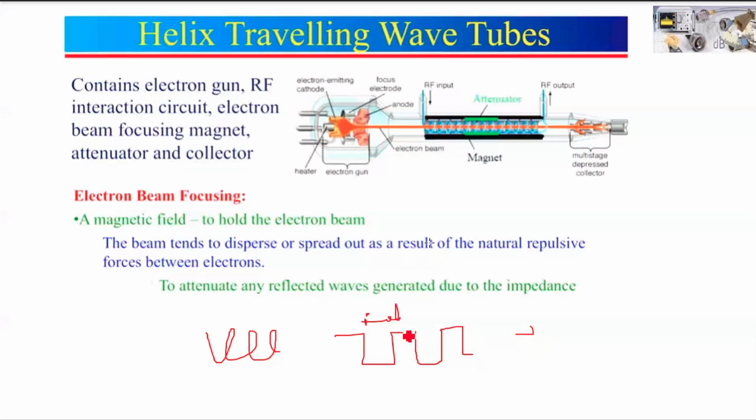Then we have zigzag line, another slow wave structure. Then we have corrugated waveguides like this, like comb type structure. All these structures are basically used to slow down the electromagnetic wave.